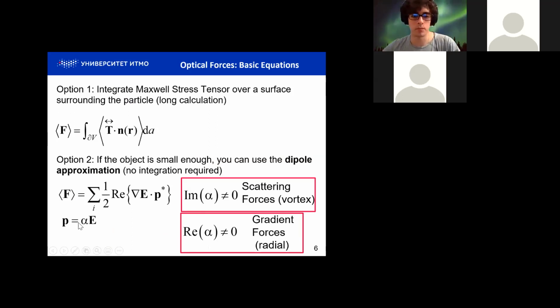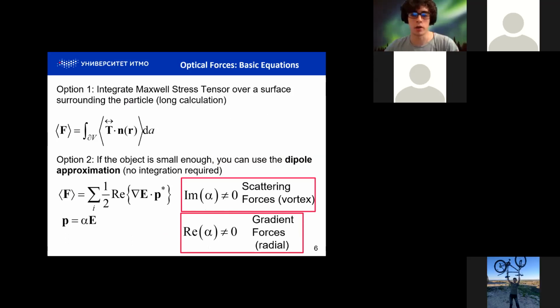So this polarizability here, it's not my intention to show you how to calculate it, but the idea is that if you have this alpha with a pure imaginary part, you have only this type of forces, scattering forces. If you have a real part, you have gradient forces. Do you know what gradient and scattering forces are? Yes, we know. Okay.